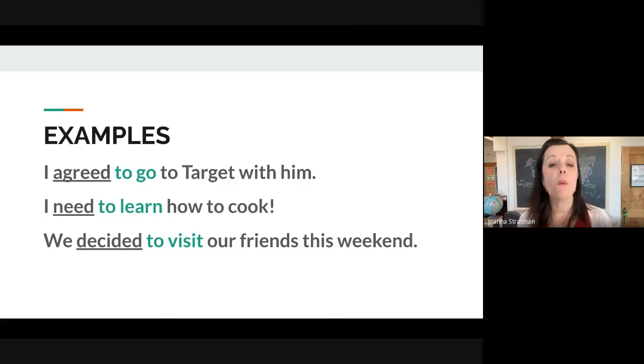One more tip with the infinitive in English. It is always with to. It always starts with to. To is a part of the infinitive structure in English. Not every language is like this. English is unique. So when you need to use an infinitive, you need to make sure you have to in the front.